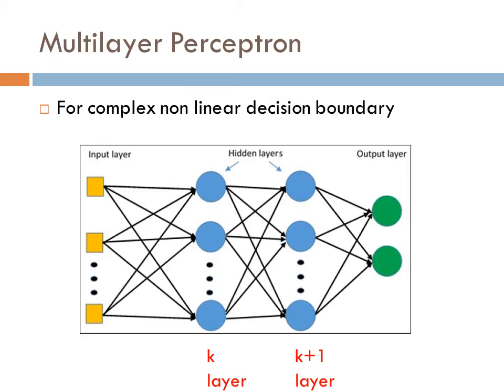Each node in all layers except the input layer applies a nonlinear function in addition to the adder. So a node can be represented as an adder unit followed by a nonlinear function f. In the multi-layer perceptron, the nonlinearity that we follow is the sigmoidal function.